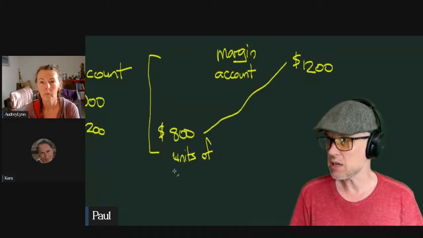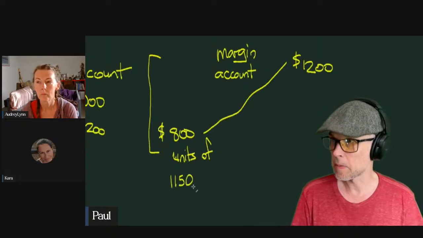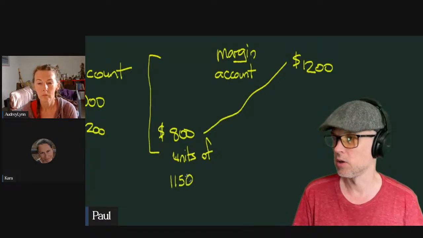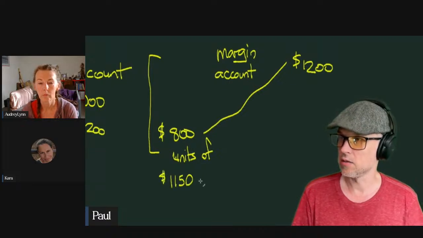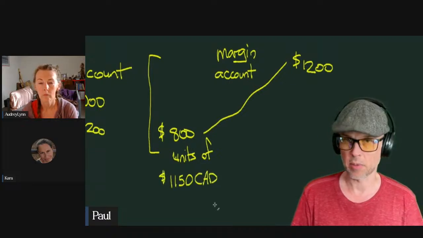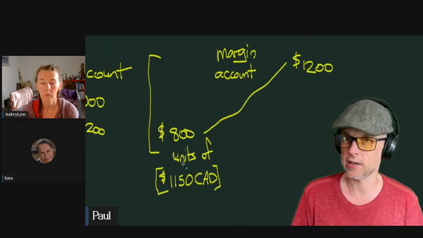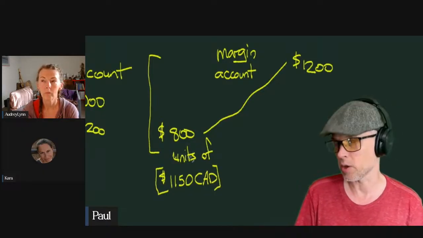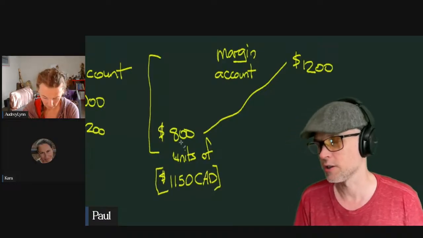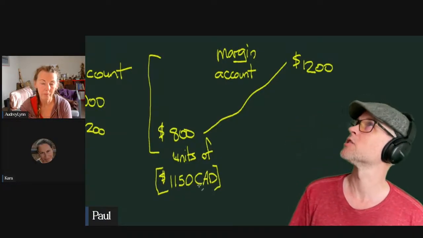Well, that means that you're actually getting about $1,150 Canadian dollars. So that's the product that you're actually buying. You're not buying $800 of stuff. Maybe this isn't the best example because it's confusing with the dollar thing.